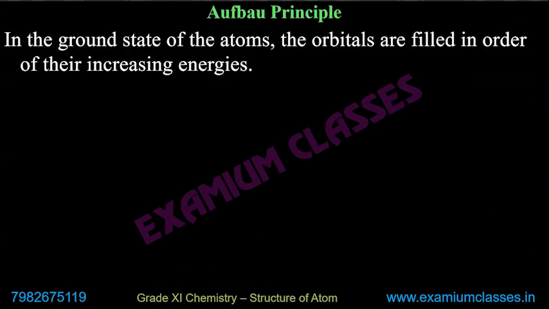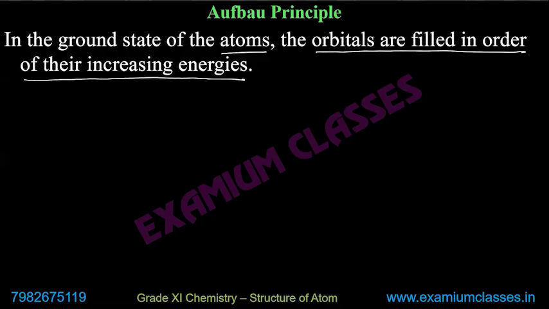Okay. So the Aufbau principle: Aufbau actually means the arrangement in energies, arrangement according to increasing or decreasing order. So Aufbau is not the name of a scientist. In the ground state of the atoms, the orbitals are filled in order of their increasing energies.